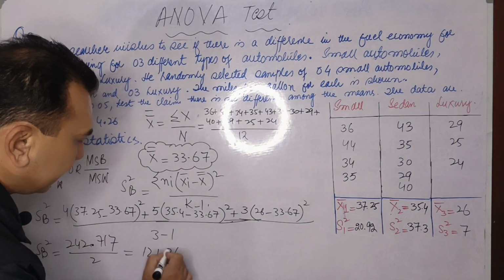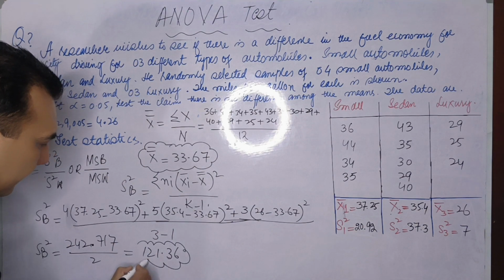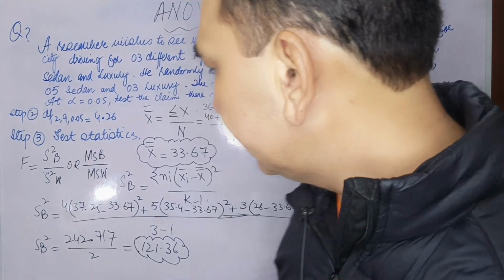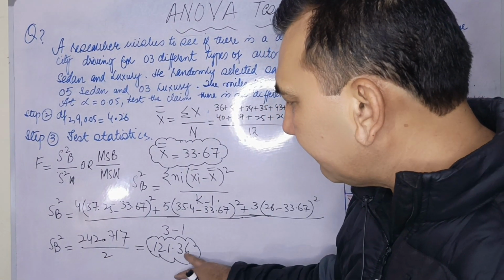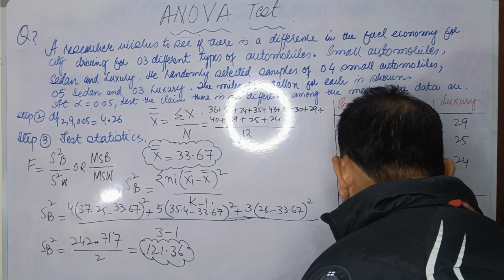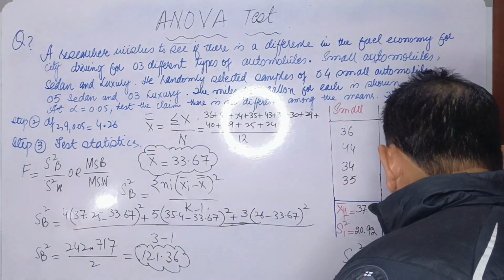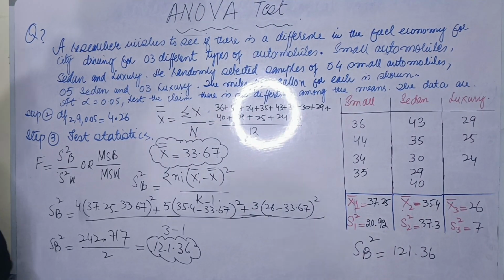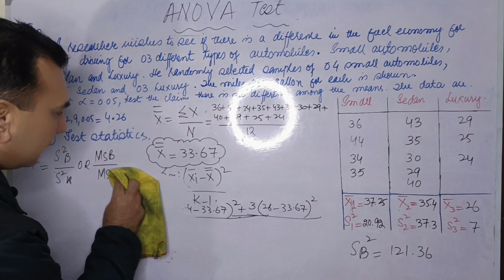So 121.36 is the variance between the groups. We find that the variance between the groups is 121.36. Just write down over here s_B square equals 121.36.